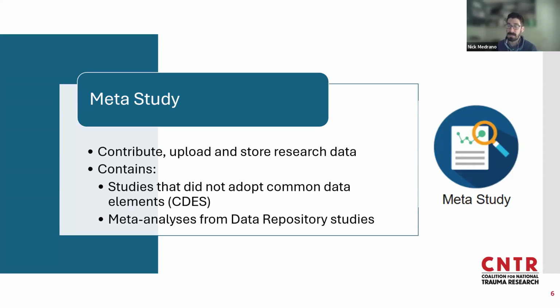But those data sets aren't going to harmonize as well with each other because they don't use the standardized common data elements. The meta study also holds meta-analyses from data repository studies. So if you wanted to, let's say, aggregate data across studies from the data repository, you could house that meta-analysis here in the meta study.